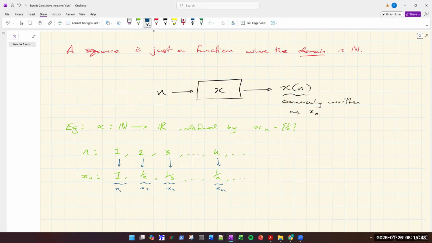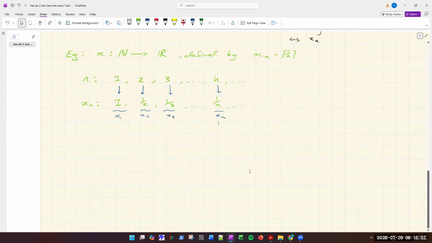Now, why are sequences important in our study of the cardinality of sets? It turns out if a set is denumerable, it can be written in terms of a distinct sequence. By distinct sequence, I mean that the terms are all different. So let me give you another example of a sequence, y sub n.